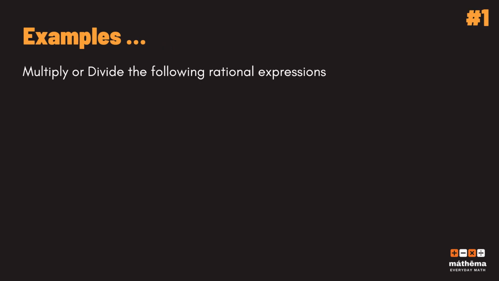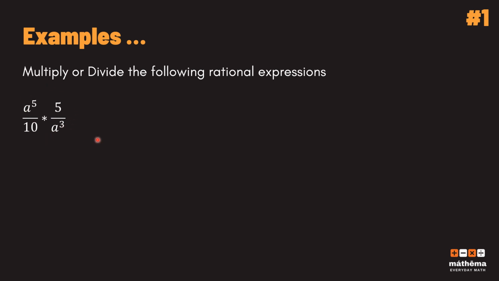Now, let's apply the concepts we used in dividing and multiplying fractions to multiplying rational expressions. So, for example, a to the fifth power over 10 multiplied by 5 over a cubed.